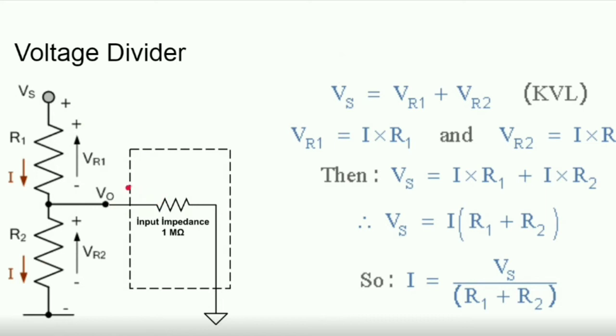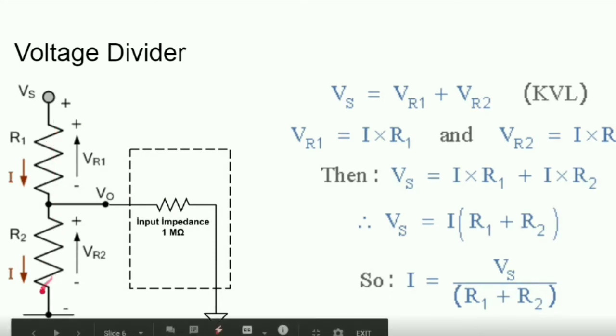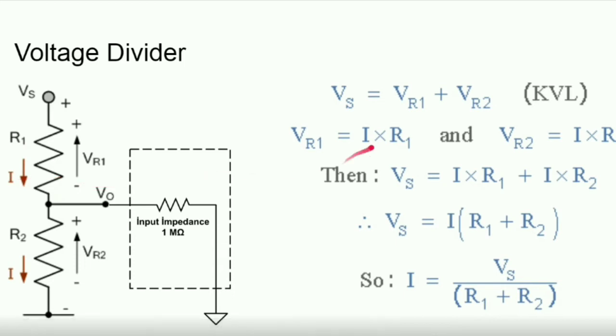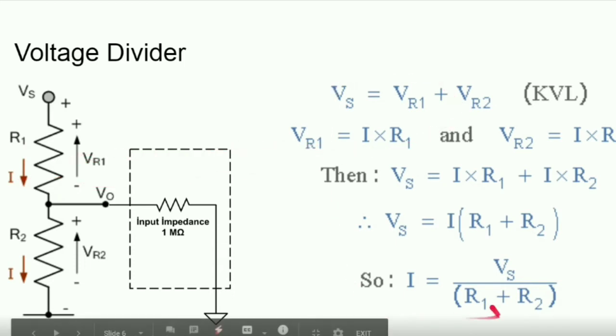That's why we pretty much neglect the current coming through this pin. That's why we can assume that the voltage drop in this circuit is pretty much equal to R1 into I1. Depending on this assumption only, we derive this formula.